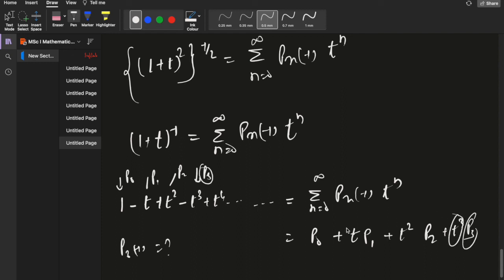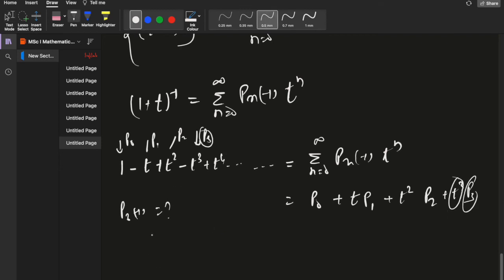So for P3 the coefficient will be minus 1. So P3 will have this minus 1.